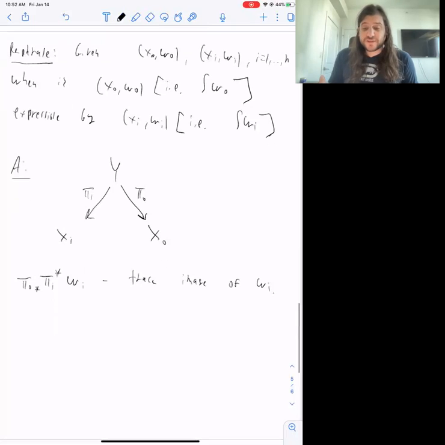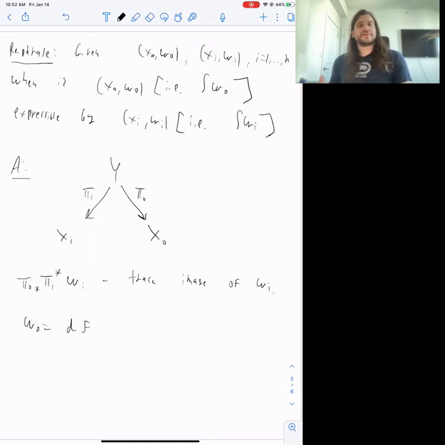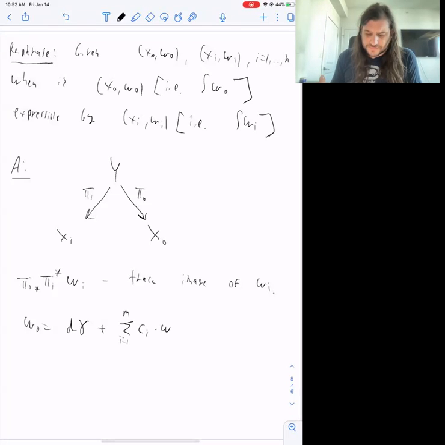And so then we want to understand when these omega naught are expressible by these omega i's. And the answer is, if you can write omega naught as the sum of an exact thing, d f, where, let me not say f because we used f already, let me say d gamma, plus a bunch of trace images of the omega i's, the sum from 1 to m of ci times omega j prime.